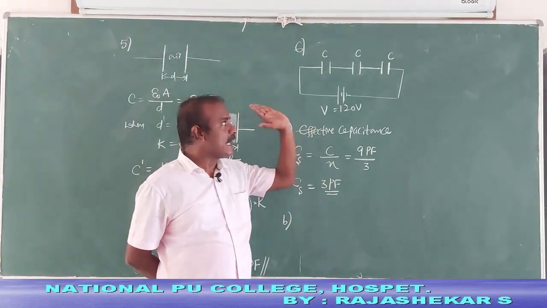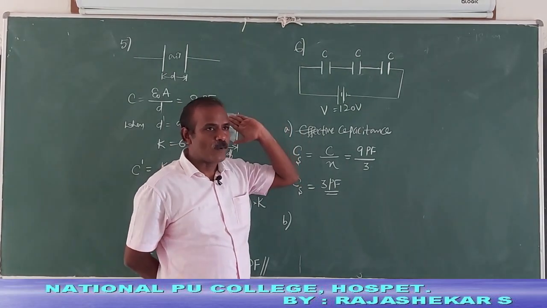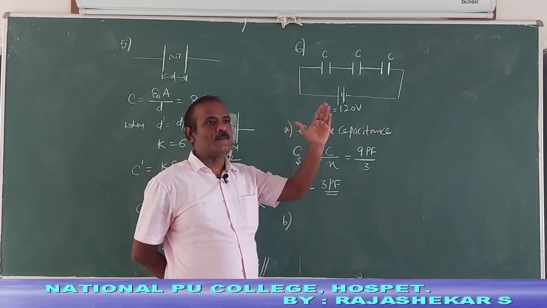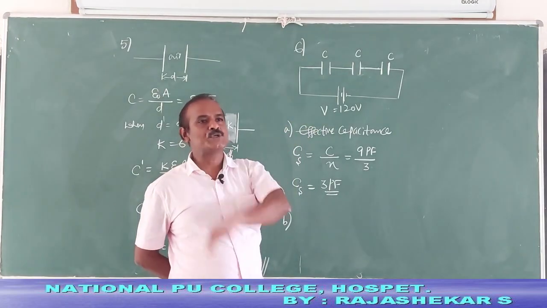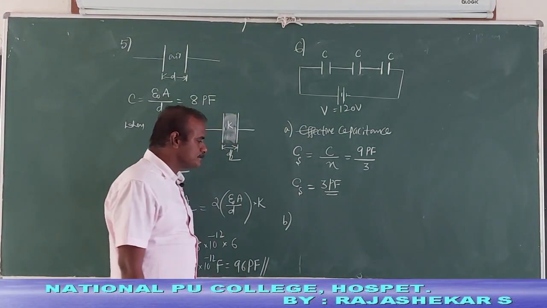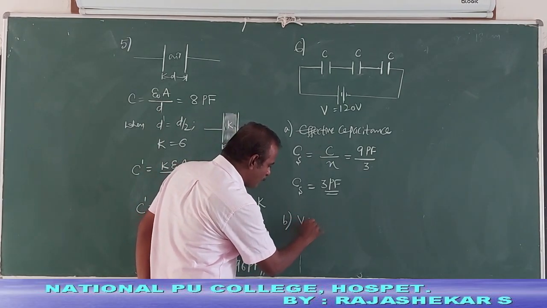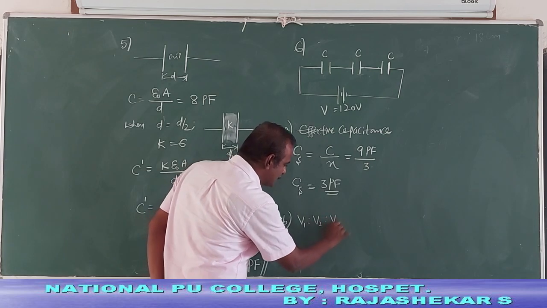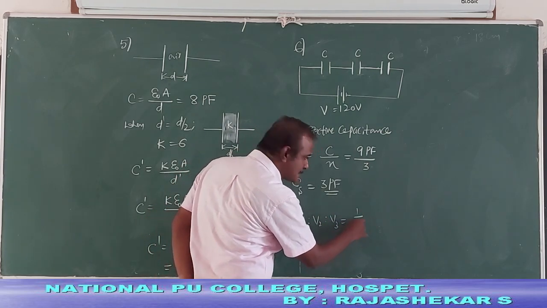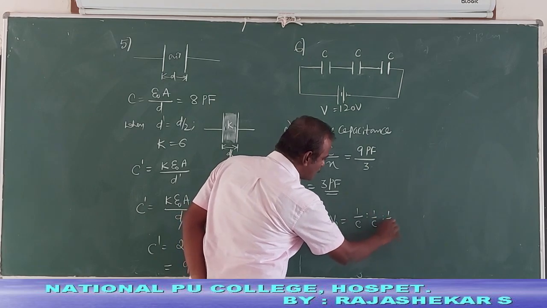Since the capacitors are identical, otherwise the potential ratio will be equal to the inverse ratio of their capacitances. Well, you can directly refer, V1 is to V2 is to V3. Here in this case it is 1 by C, is to 1 by C, is to 1 by C only. Why?